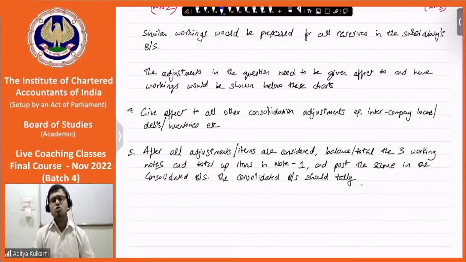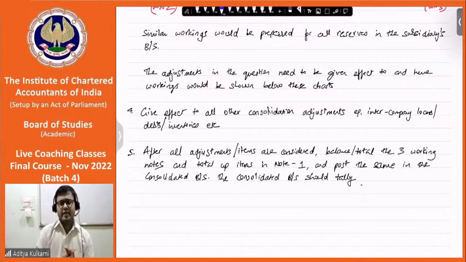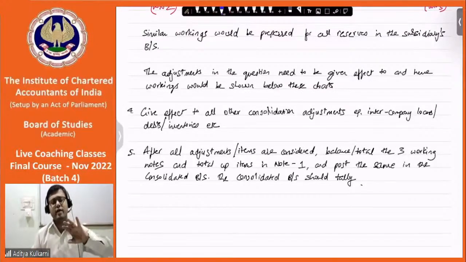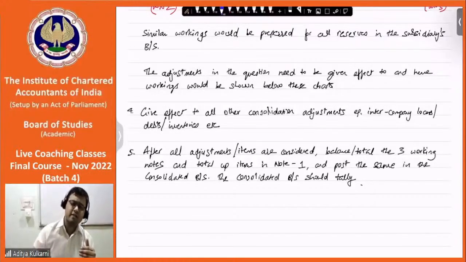Then we move on to note number 3, which is consolidated other equity. What is consolidated other equity? It is essentially the equity of the parent. And after the equity of the parent, we are going on to add the post-acquisition reserves of the subsidiary.